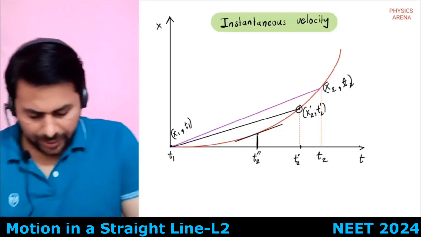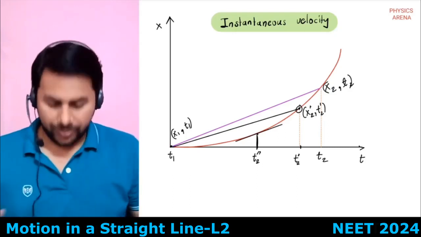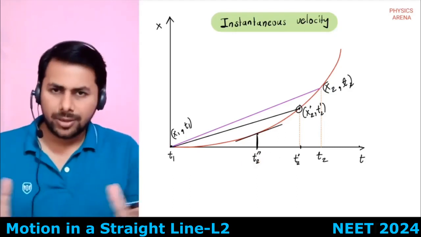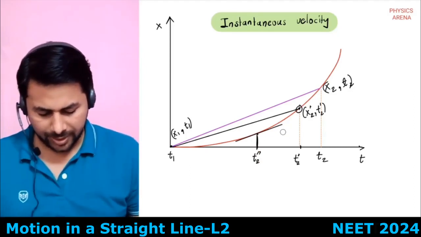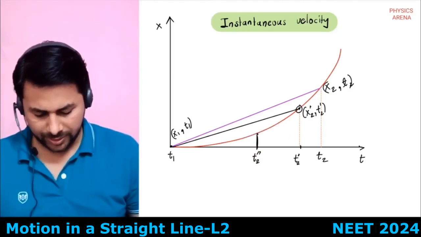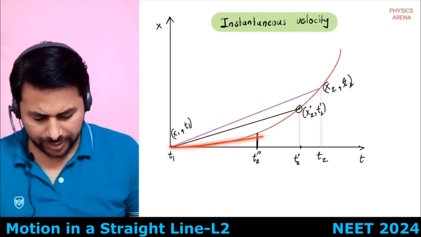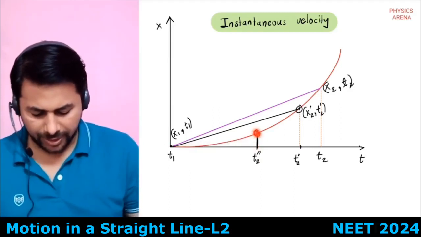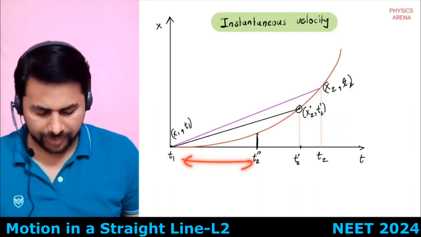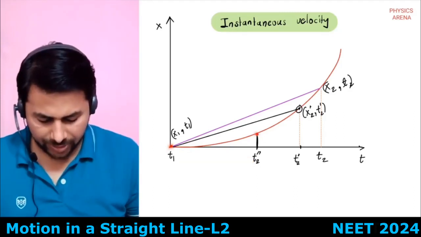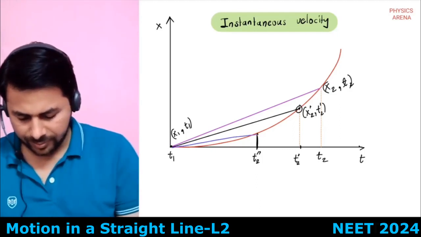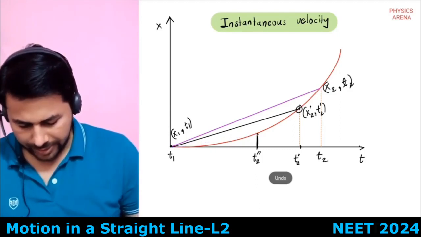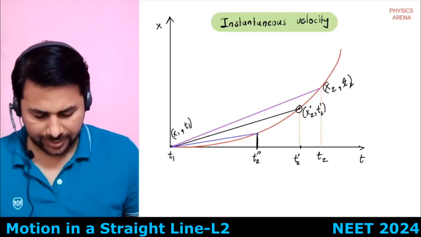All right, then I move this time even closer, then what will happen? So if I take t2 double dash, this one, and join, I get this point. So I want the velocity between these 2 points, so I join these 2 times, and I will get a line like this.